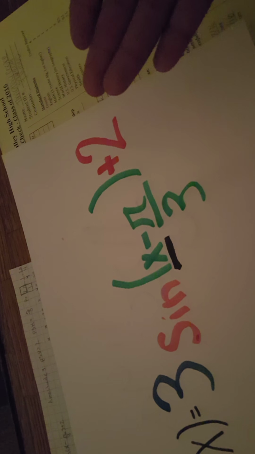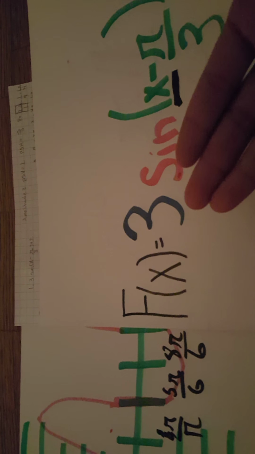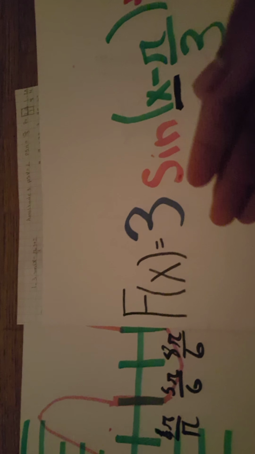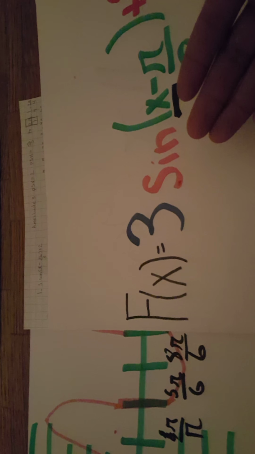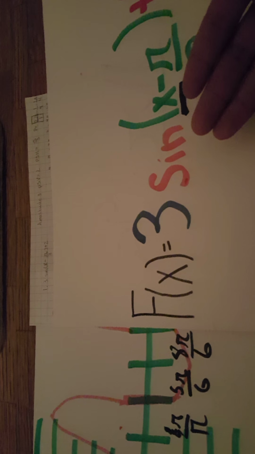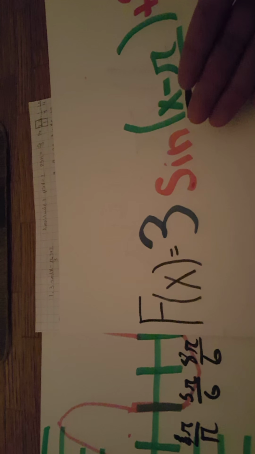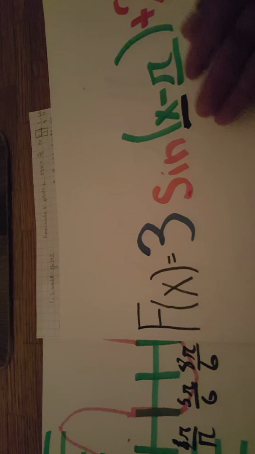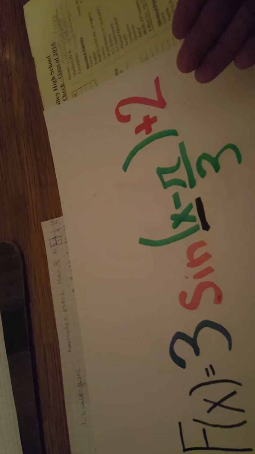So, we found what 3 means. What is it again? If you didn't get it, it's amplitude. If you did, congratulations. What about sine? What's sine mean? Yes, you are right. 2 pi. And if you didn't remember that, it's 2 pi, a full circle. So then, what's our y?